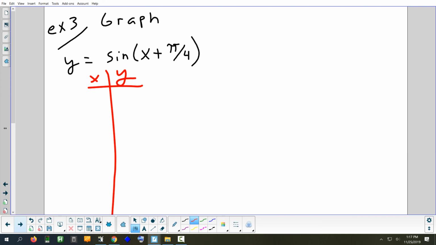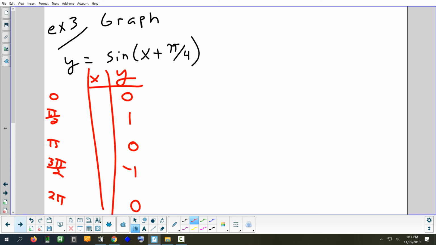Okay, so that's addition. Which way is this graph going to move? Left. Y's stay the same. So my originals are 0, pi over 2, pi, 3 pi over 2, 2 pi. And what are we going to do to all those values? Subtract pi over 4 from all of them.